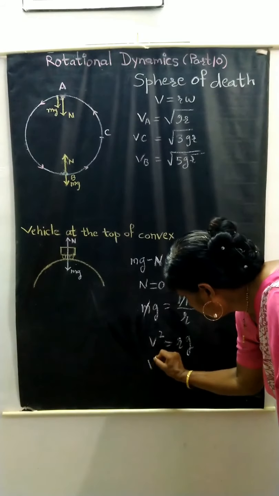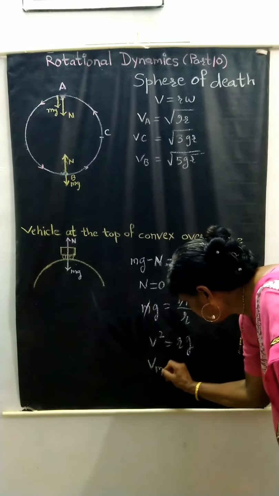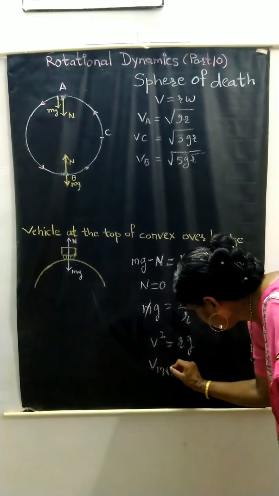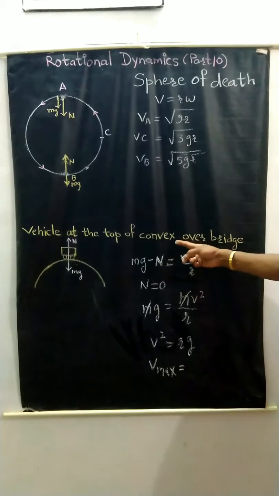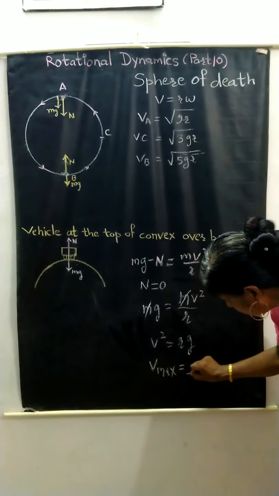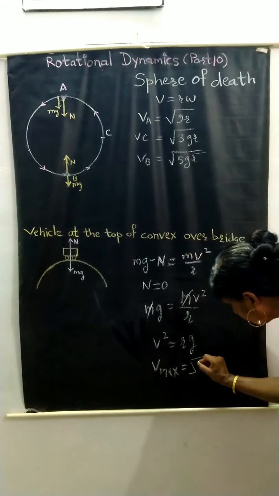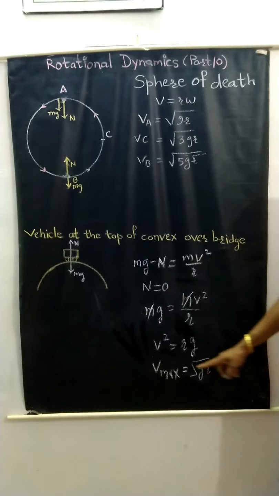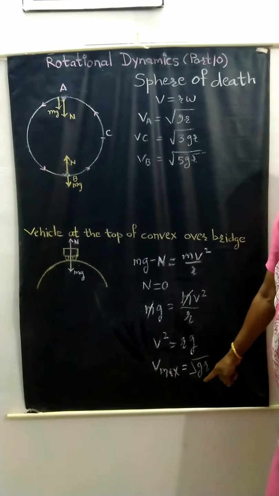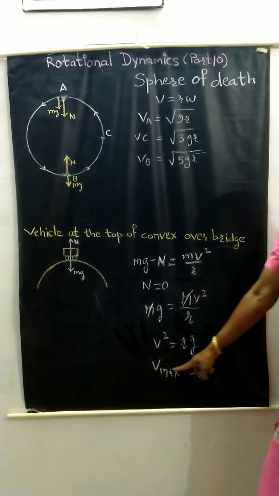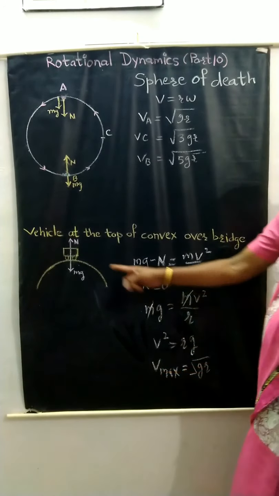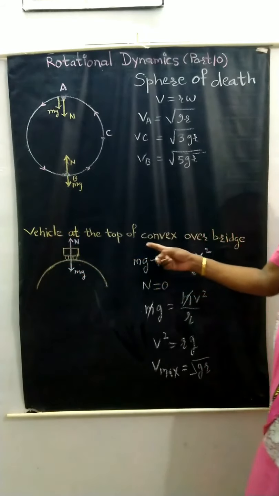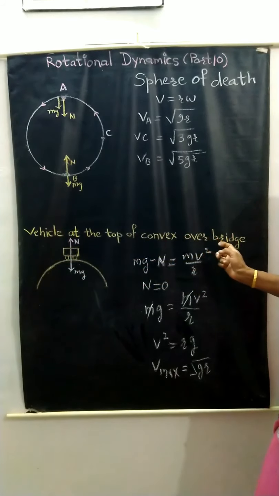So v max, that is the maximum speed at the apex or at the top of the convex bridge, will be equal to under root of gr. So this equation gives us the maximum speed with which the vehicle can be safely driven on the top of the convex overbridge.